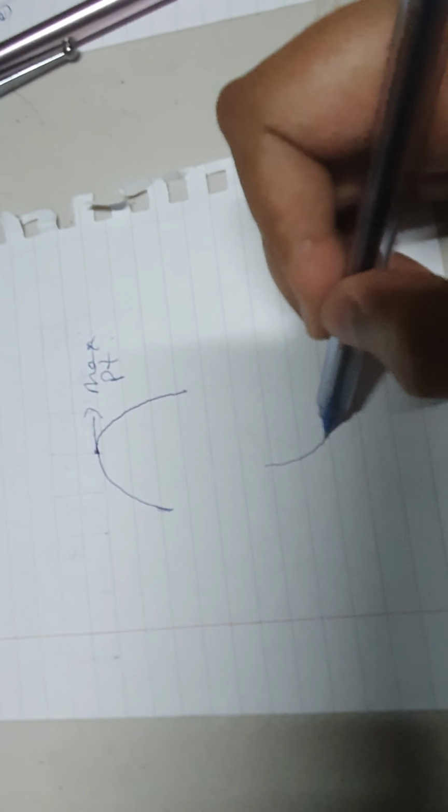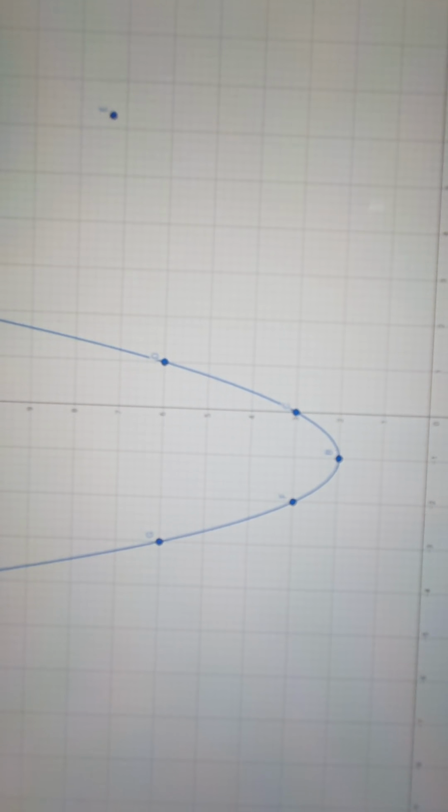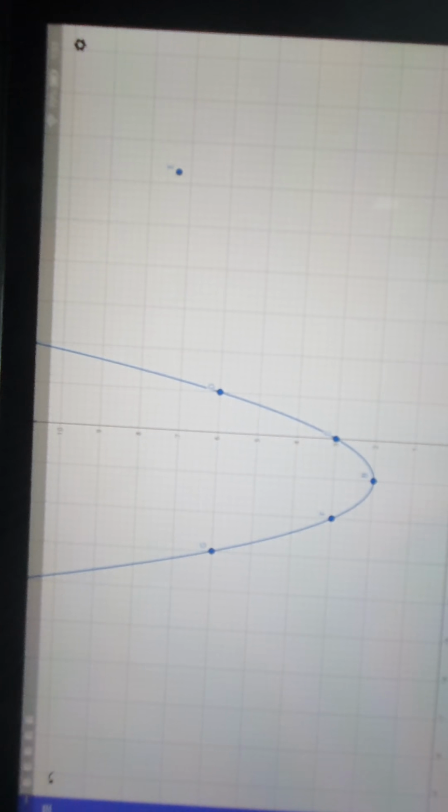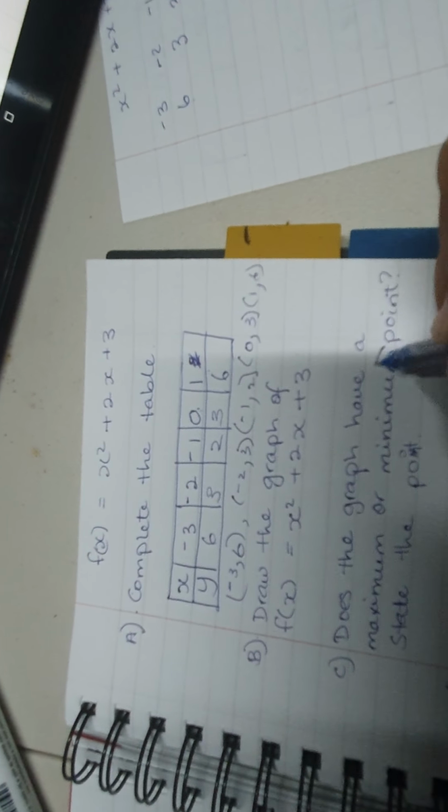However, graphs shaped like this have a lowest point. The lowest point is called a minimum point. Okay, so looking at our graph, we have a lowest point, and the lowest point is called a minimum point. So to answer part C, we have a minimum point, and they want you to state what our minimum point is.